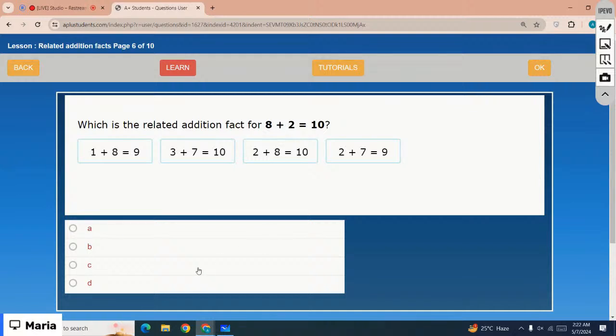That is option number C. 2 plus 8 equals 10 is the correct option, right?